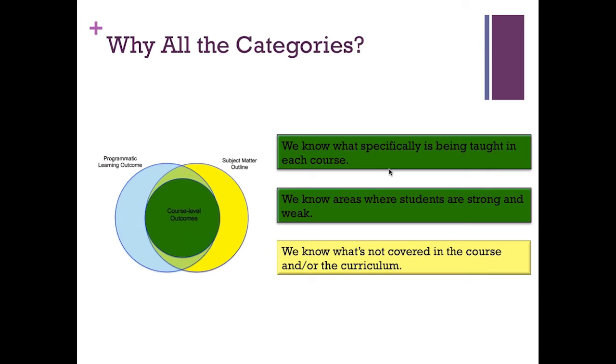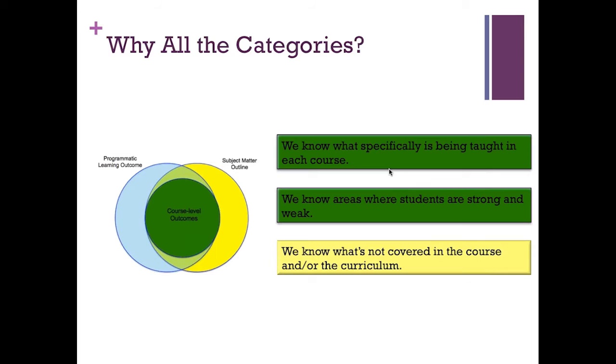Using that information, we can adjust the curriculum appropriately, or we can emphasize different areas in other courses coming up in the students' law school careers to address those weak areas. We know what's not covered in the course or the curriculum, and we also know what other courses may need to address a particular programmatic learning outcome.